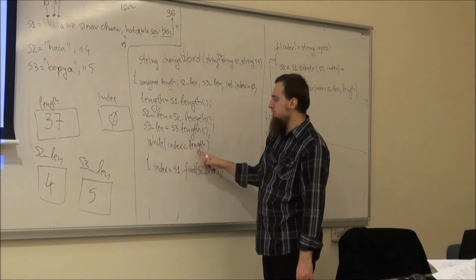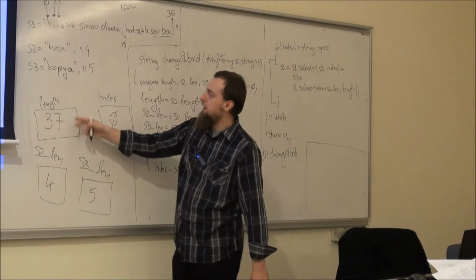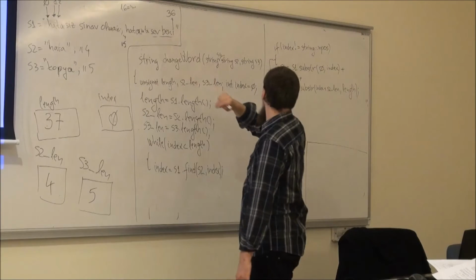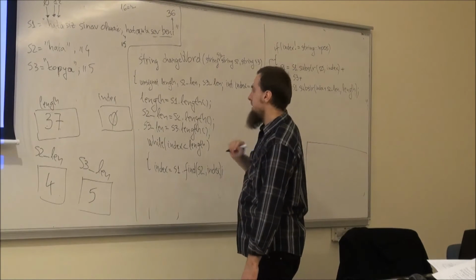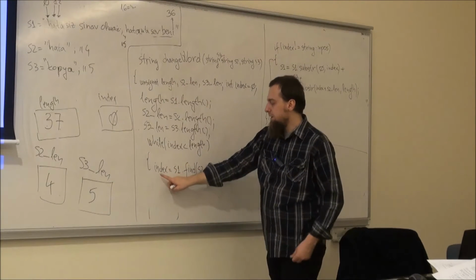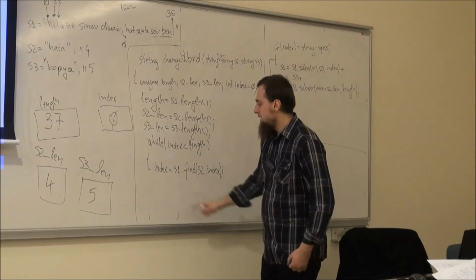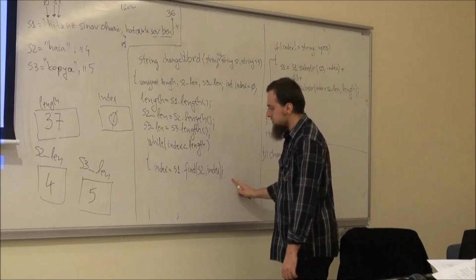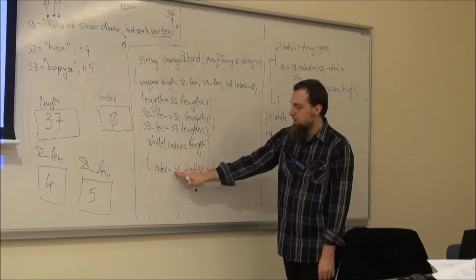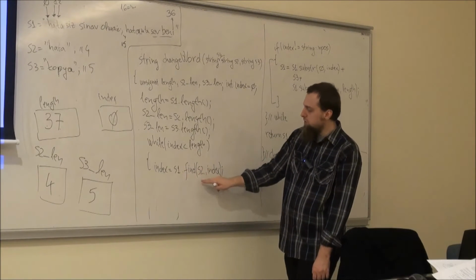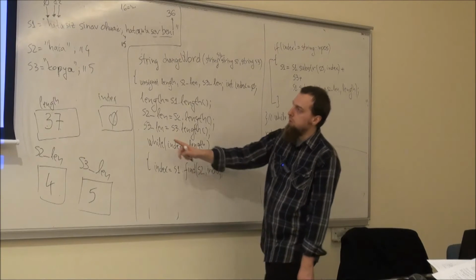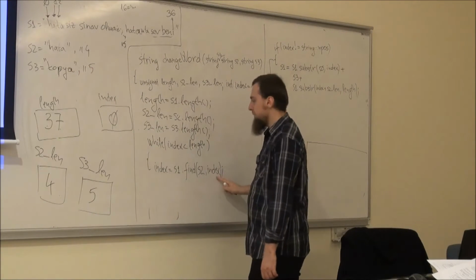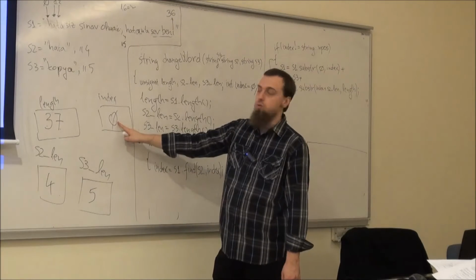Now, while the index is smaller than length, 0 is smaller than length, I'm iterating those one by one. So I'm going inside, and I'm saying that index is equal to S1 find S2 index. What we are doing is the following. In the S1 string, we are trying to find the S2 word starting from index 0.